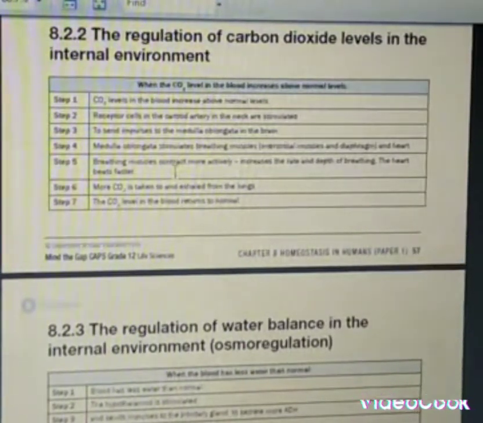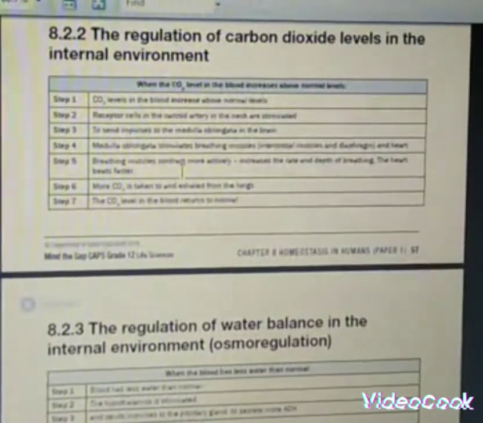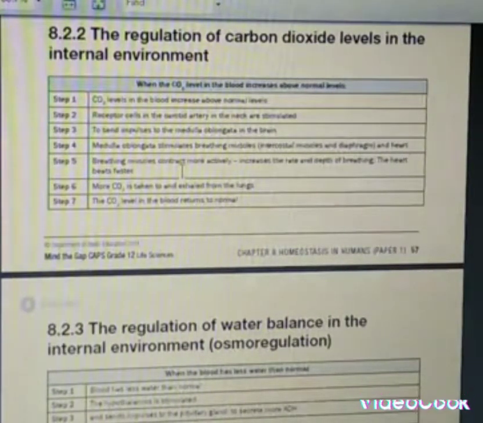So it simply means that when your carbon dioxide levels increase in your blood, the medulla oblongata is stimulated, and once it has been stimulated, it causes the target organs, which are the heart and the intercostal muscles together with the diaphragm, to make you breathe faster and faster.